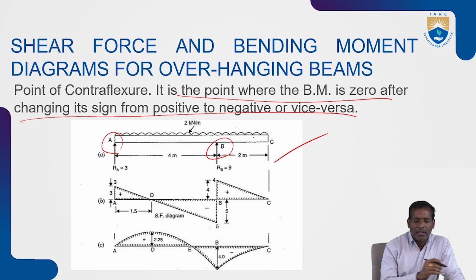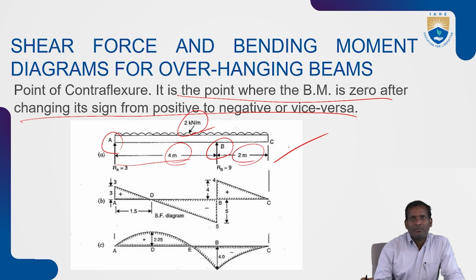See in this overhanging beam, one end support is A and the other end support is B. The type of load is UDL, 2 kN per meter. The length between the two supports is 4 meter, and the overhanging portion is 2 meter.